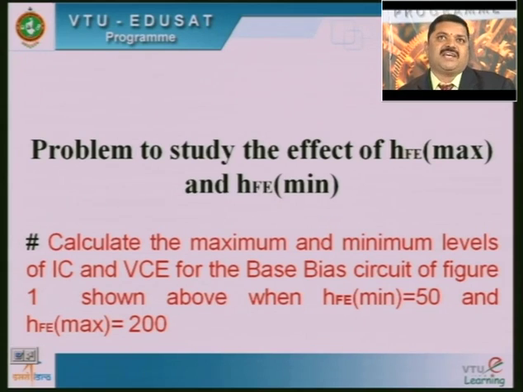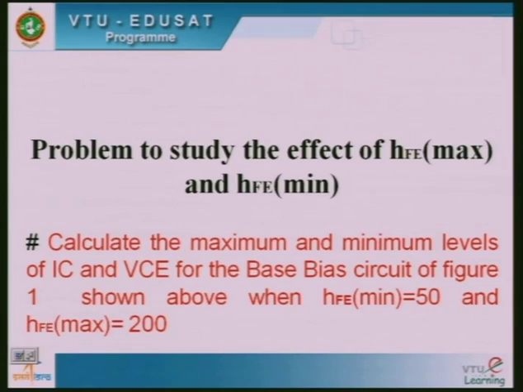For a biasing circuit, the HFE max effect and HFE min effect will be very important, so that we can decide whether the bias circuit is good and giving a faithful amplification or not. For getting the faithful amplification, we must have a minimum change in the operating point if we change the HFE min and HFE max.